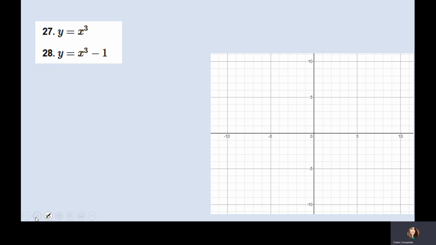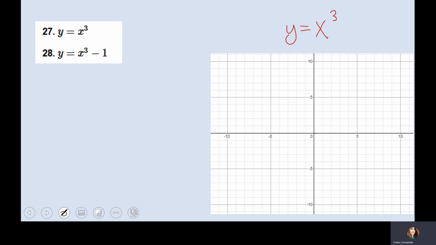And the cubic graph, what does the parent graph look like? All right, we'll graph it. So once again, if you just take some points and plug in for x, the y values get large really quickly.